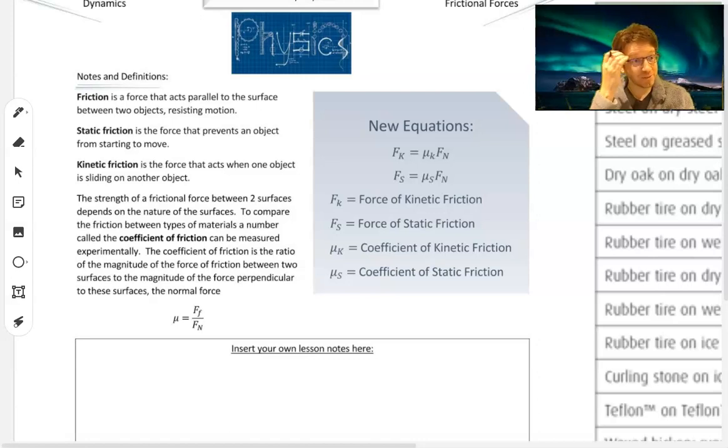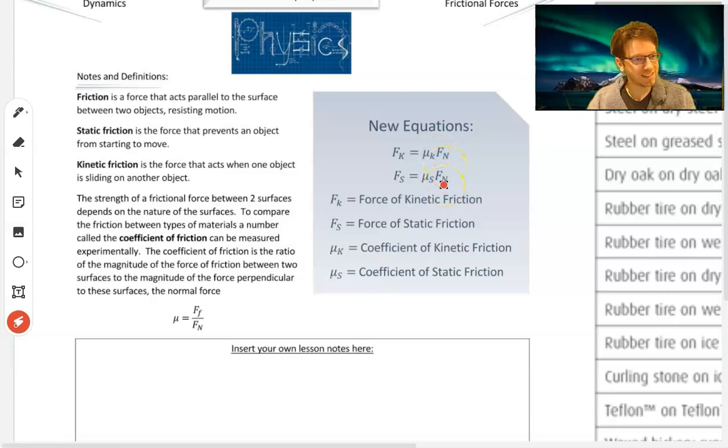Because if you have gravity pushing it down and your friend pushing it down, the normal force must counter both of those forces. And so friction is directly proportional to the normal force. So you can see I have two equations here, one for kinetic friction and one for static friction. And they are both equal to some constant, which I will talk about in a moment, multiplied by the normal force.